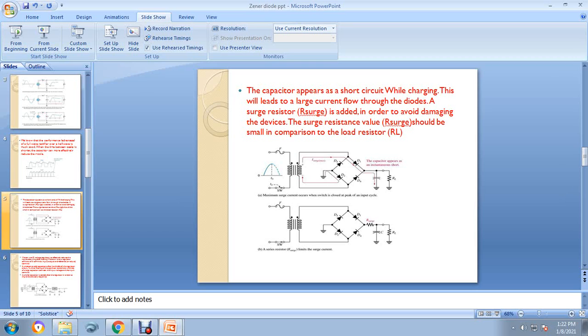To avoid the large current flow through the diodes, which would damage them, we must compulsorily use one surge resistor whose value should be very small compared to your load resistor. Okay, so this one is also mandatory.